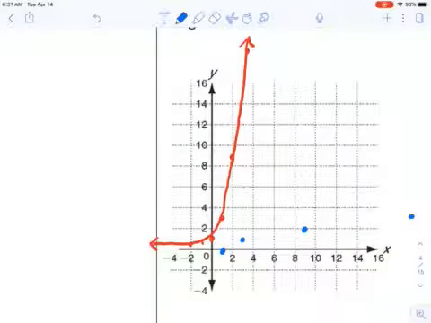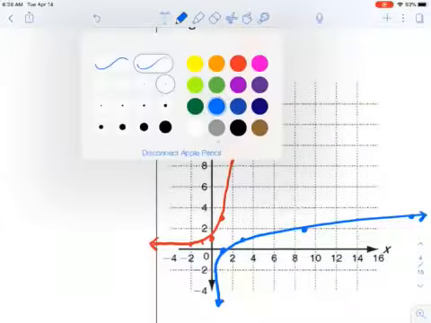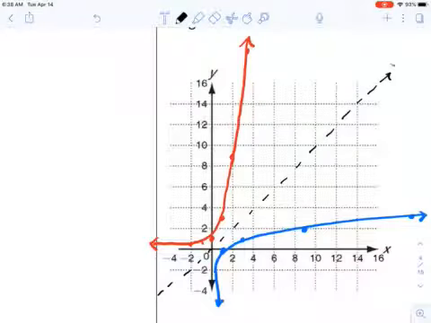And then (1/3, -1), (1/9, -2). And again, it's going to go like this. And I'm going to draw this. This is not an asymptote. It's the line y equals x.